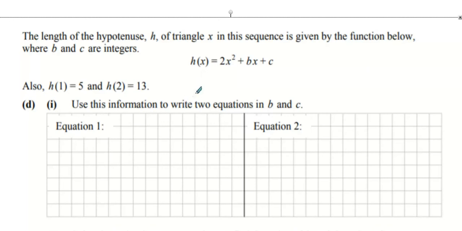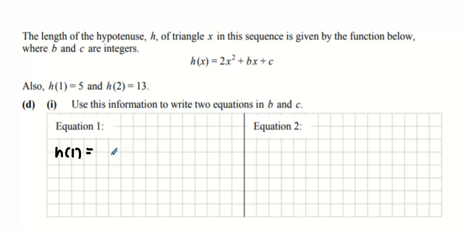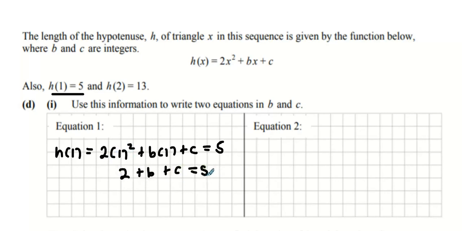Okay, so in this one, we're going to use h1. So h1 is 2 times 1 squared plus b times 1 plus c. We're told that the answer is 5 for h1, so that equals 5. So 2 times 1 squared is 2, plus b plus c equals 5. Bring the 2 over to the other side and we get b plus c equals 5 take away 2, which equals 3.